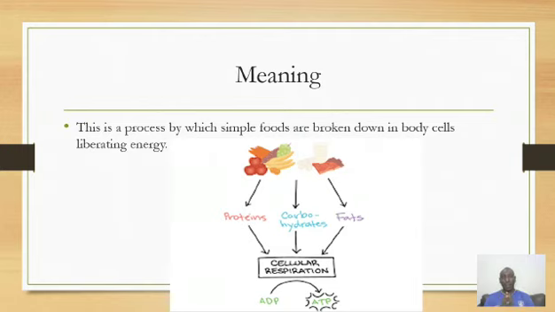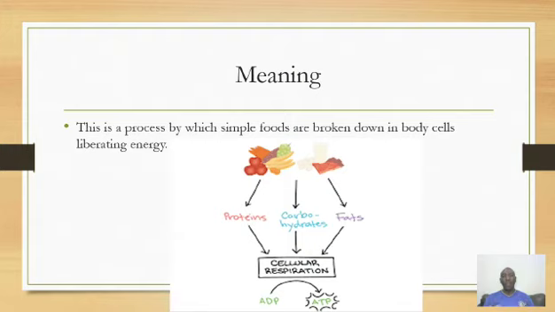Generally, we say that the foods which are broken down in respiration are what we call respiratory substrates. The respiratory substrates in the body can be proteins, carbohydrates, or fats, but the main ones are the carbohydrates.